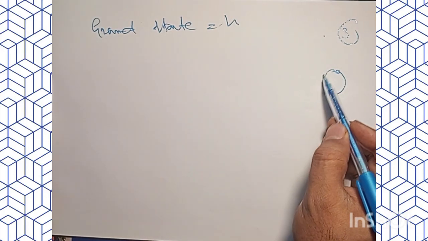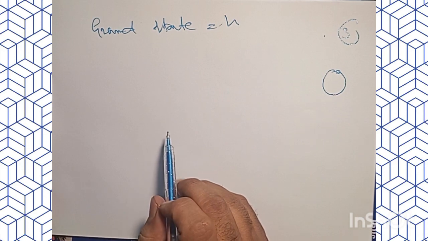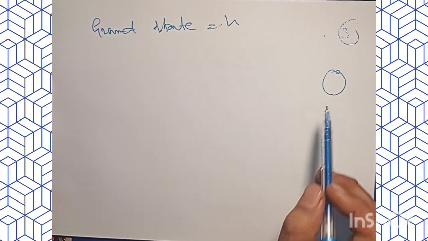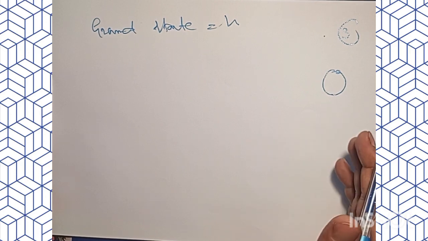But when this electron was in this quantum state, we understood that it should not radiate, because the expectation value of the position that we have found is independent of time. It's constant in time.